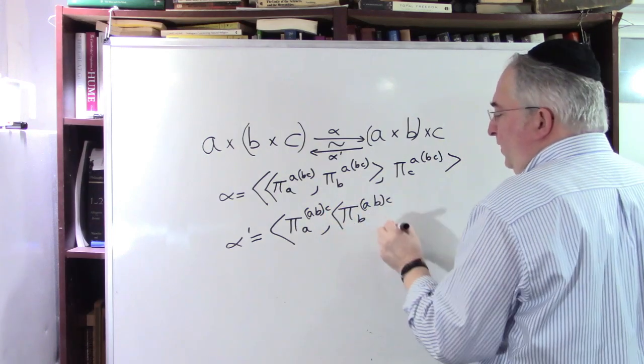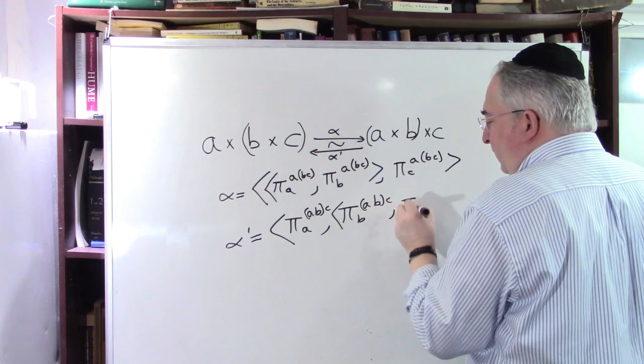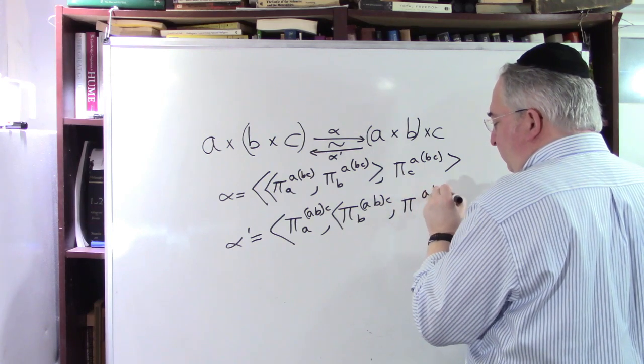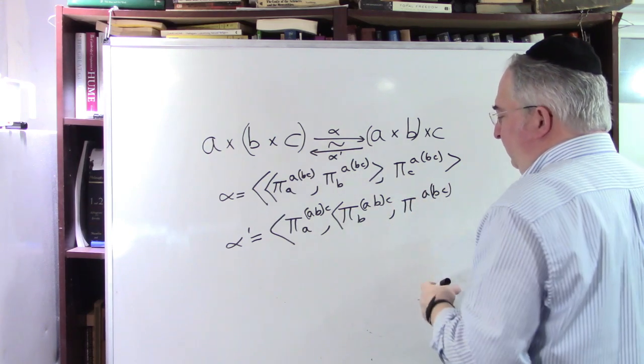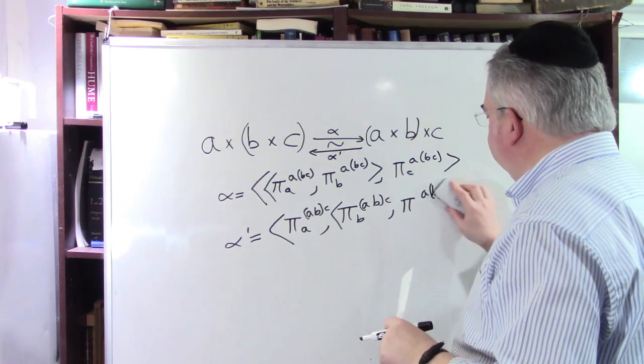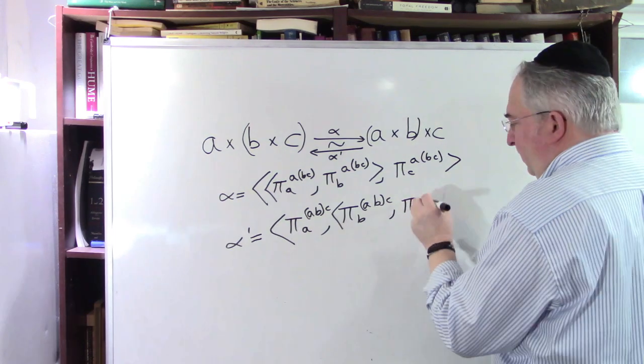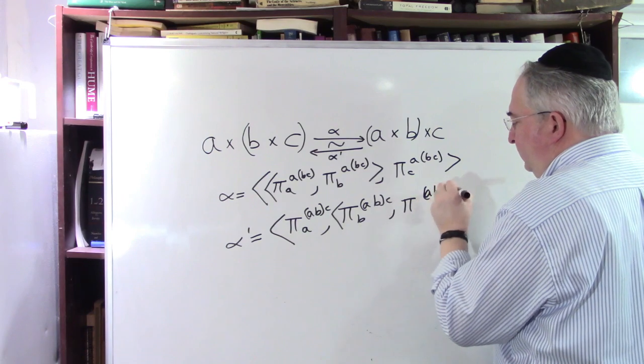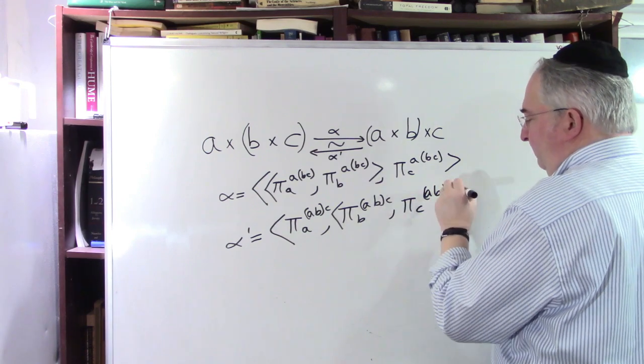Okay, comma, pi, same source, A, B, C, and output C.